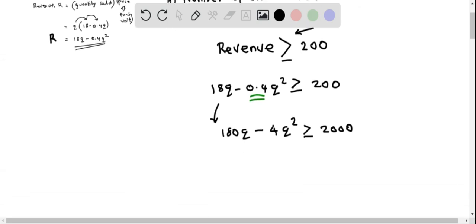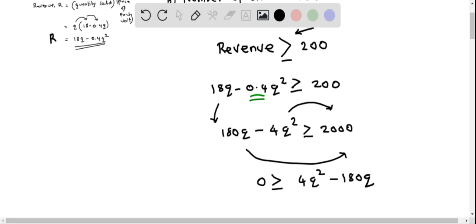Now I'm going to bring everything to one side. This negative 4Q squared I can transpose to the other side, as well as this 180Q. So there will be 0 greater than or equal to 4Q squared, where negative 4Q squared transposed to the right side becomes positive 4Q squared, and this 180Q becomes negative 180Q, and we already have positive 2000 on the right side.